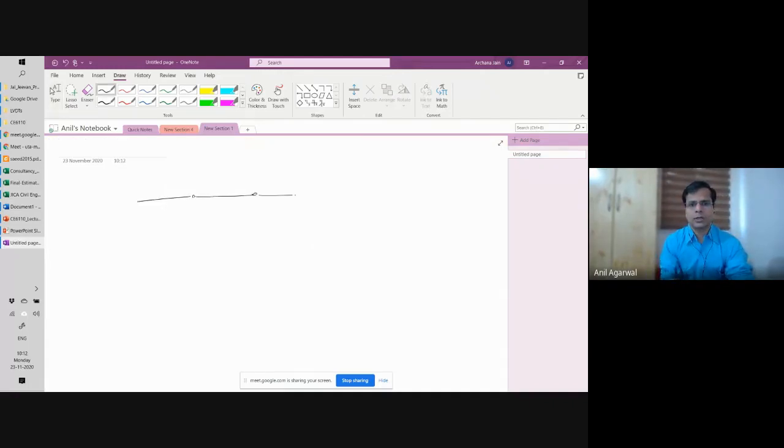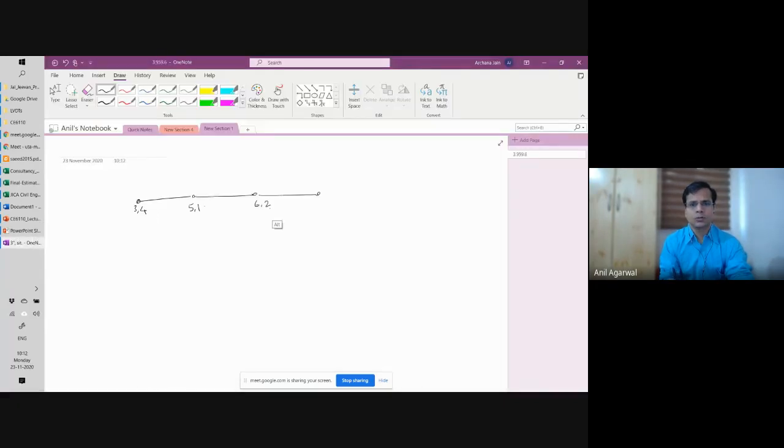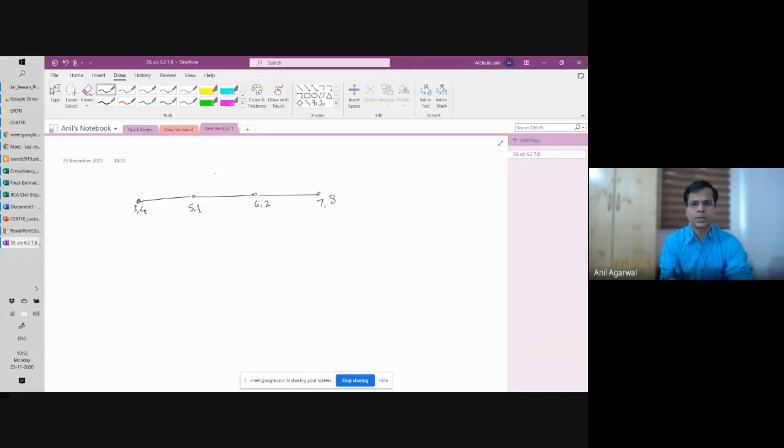First member, second member, third member, and the degrees of freedom corresponding to them are 3, 4, 5, 1, then 6, 2, 7, 8. You can see that some jumbling has happened because I had already called these rotational degrees of freedom 1 and 2 here. So that's why I'm not using 1, 2, 3, 4, 5, 6, 7, 8 from one side to another. I'm using this order. Fine.